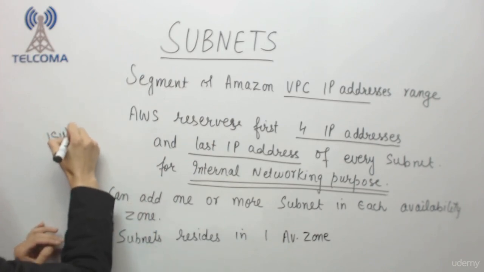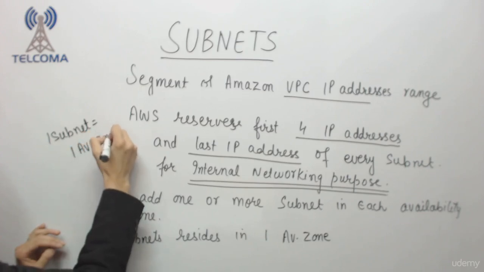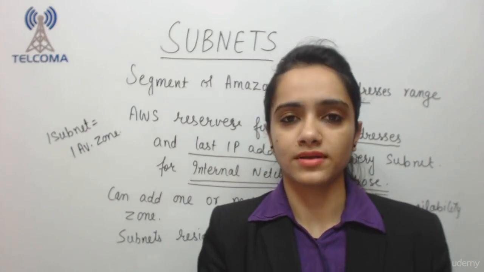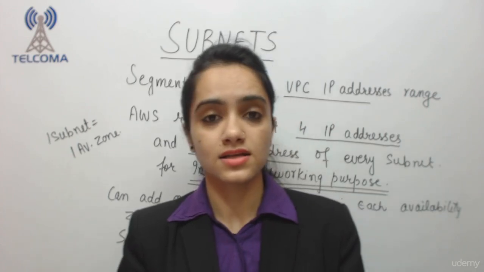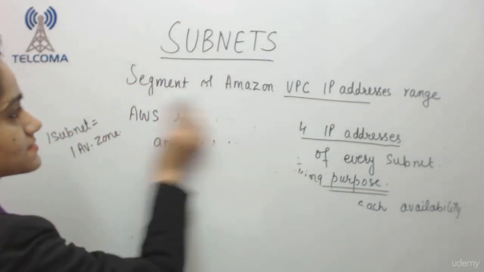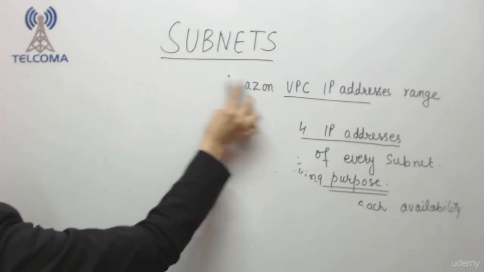So I can say that one subnet is equal to one availability zone. That means for one availability zone we have one subnet, which can specify the IP address range.